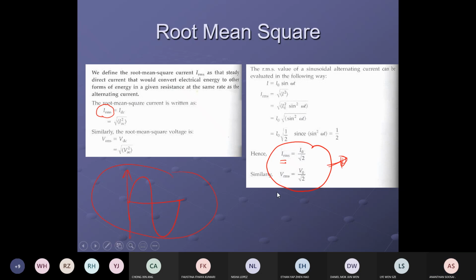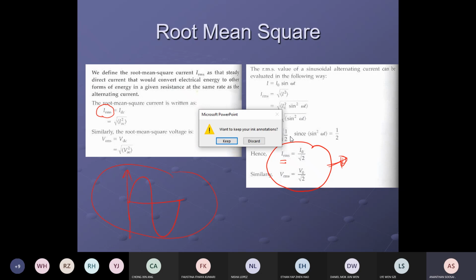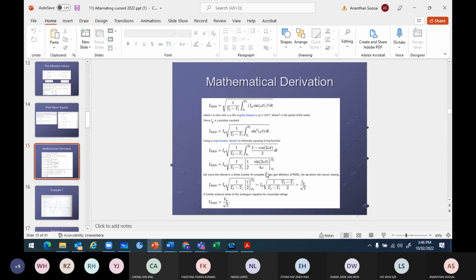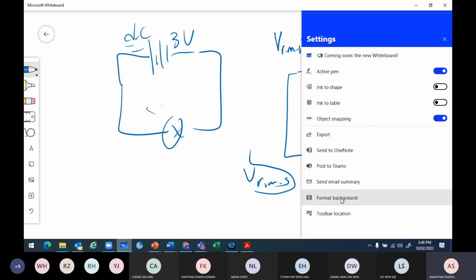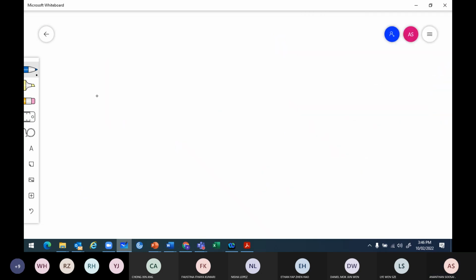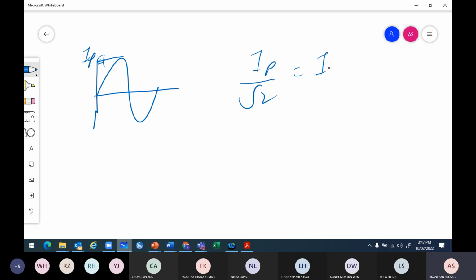So if the current is sinusoidal, then the peak current over √2 is your RMS current. Let's say you have an alternating power supply which has a peak voltage of 8 volt.